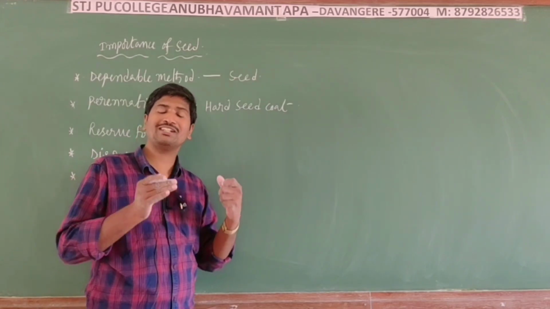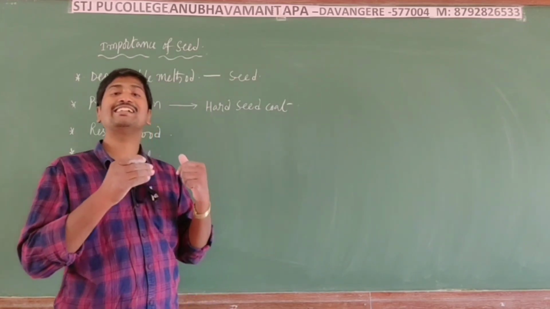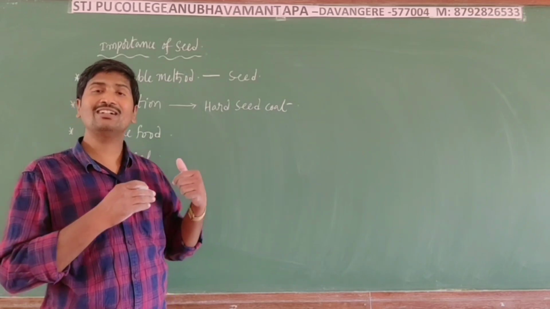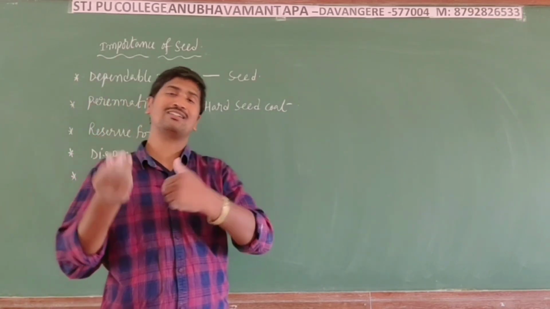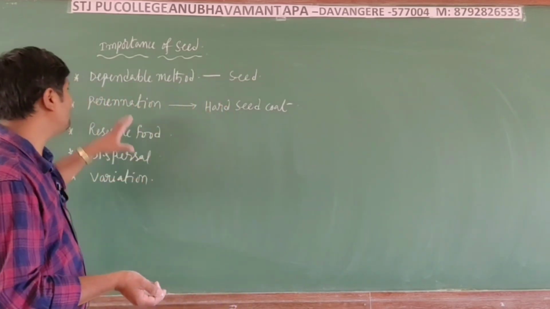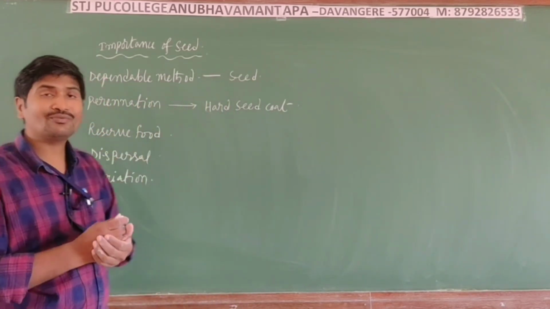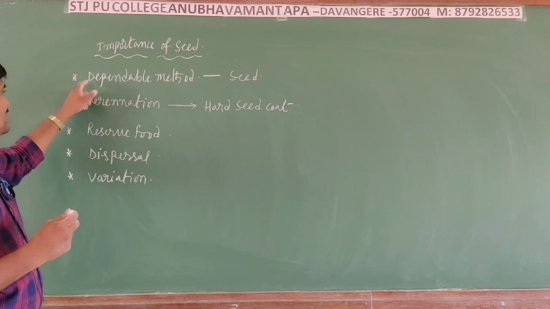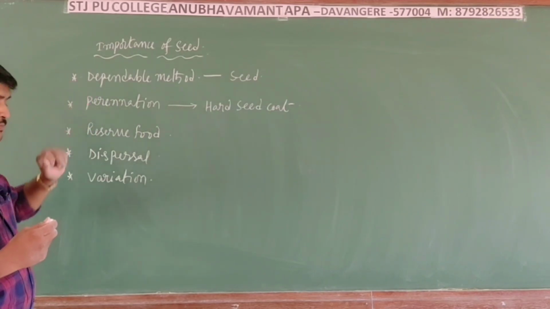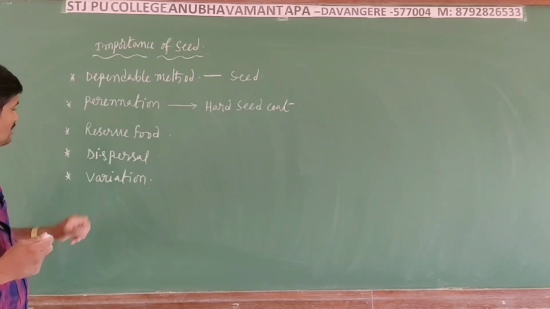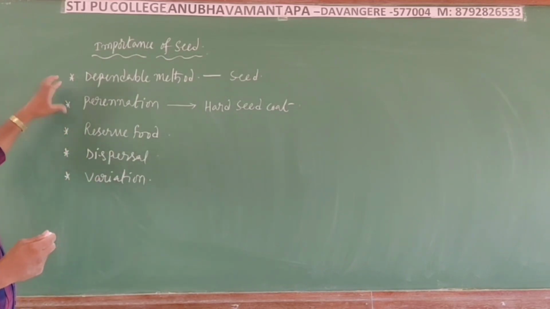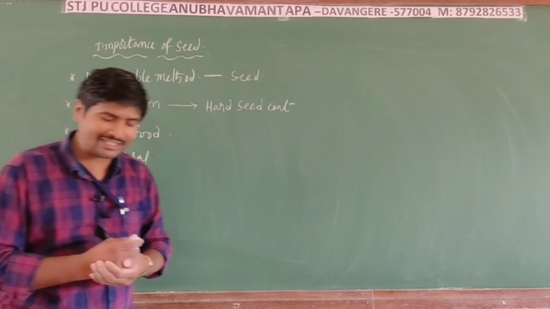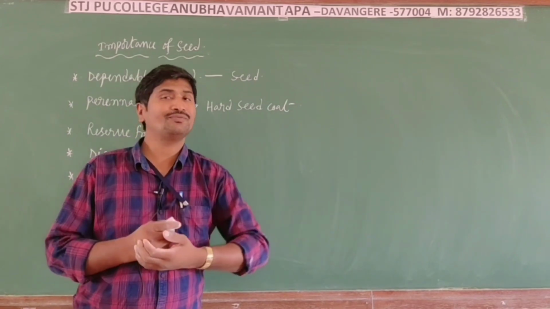The sexual reproduction is responsible for the genetic variation. This variation continues from one generation to another generation. So these are the main importance of the seed: the dependable method, perennation, reserve food, dispersal and variation. These are the 5 importance of the seed or the significance of the seed.